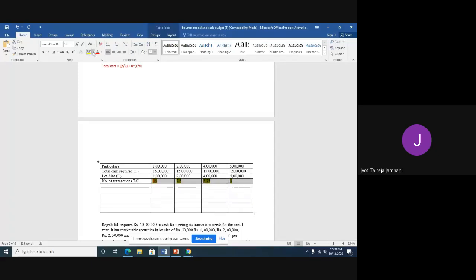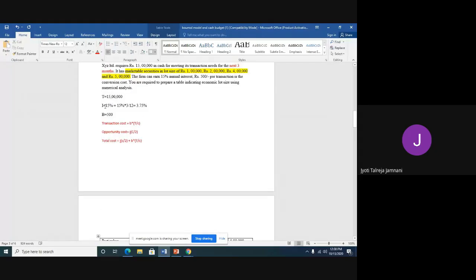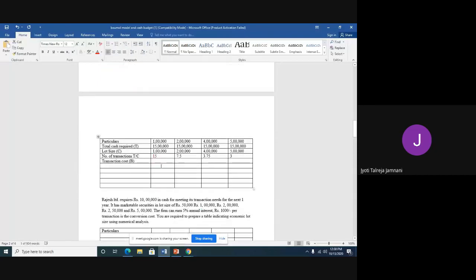Once we have got the number of transactions, we can write the value of B, which is nothing but the transaction cost. So this is the value of B, which is given in the question as 500. So we take 500 in all the columns.